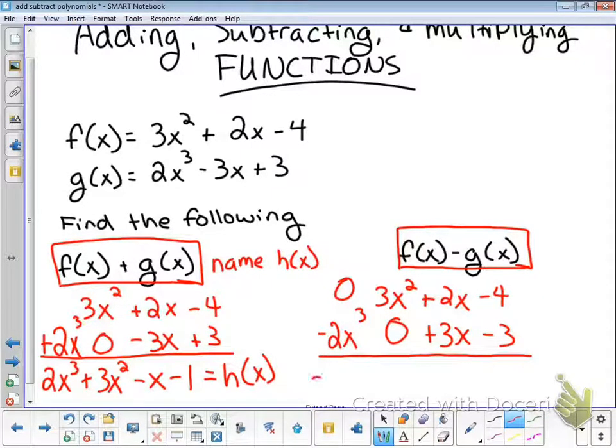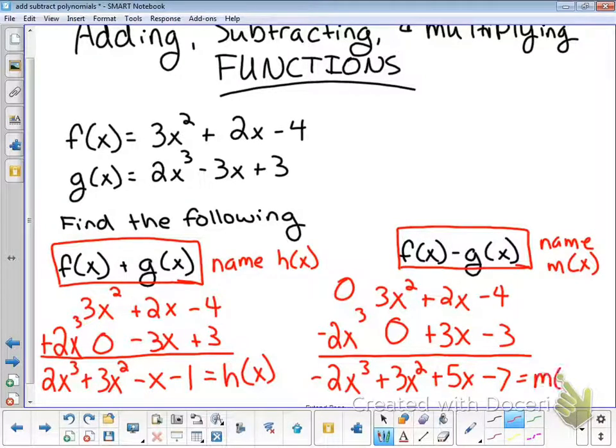I get negative 2x cubed plus 3x squared plus 5x minus 7. And if we want to name this one, maybe it says to name it m of x. We've created a new function called m of x.